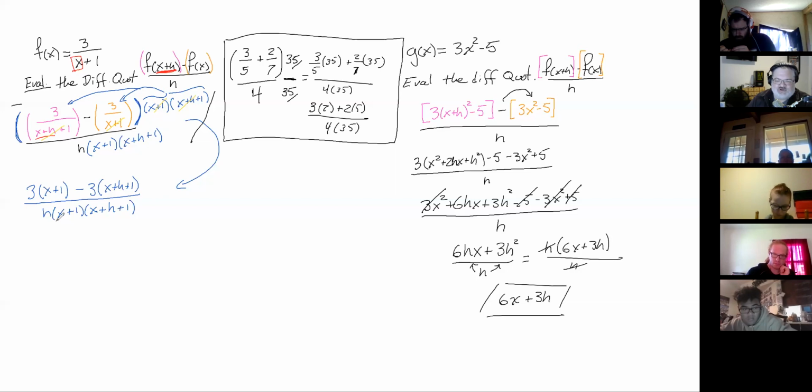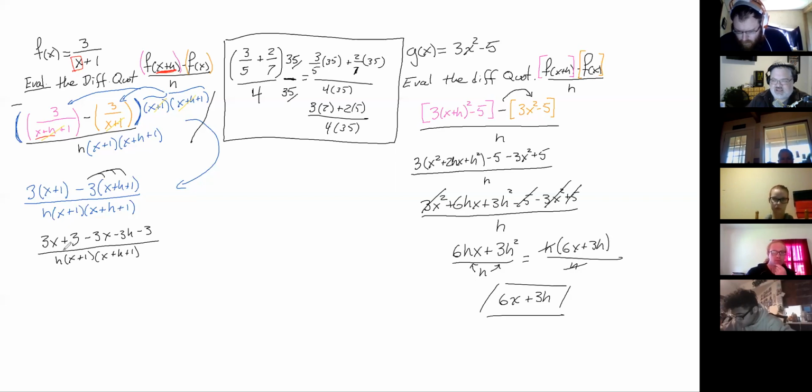But we certainly have more to do down here, more to simplify. That's going to turn into a nice 3x plus 3. And we do have to distribute this negative 3. So we get negative 3x minus 3h minus 3 all over, still going to leave this alone, x plus 1 times x plus h plus 1.